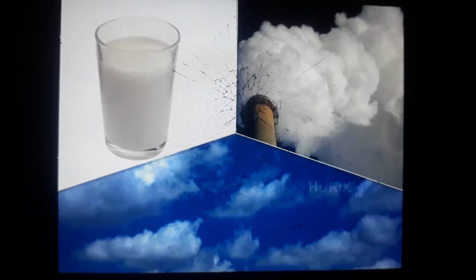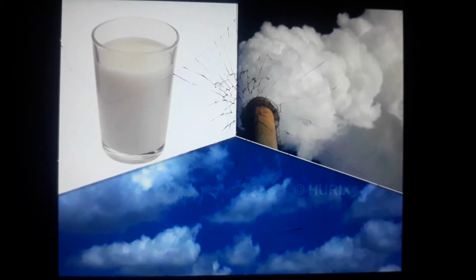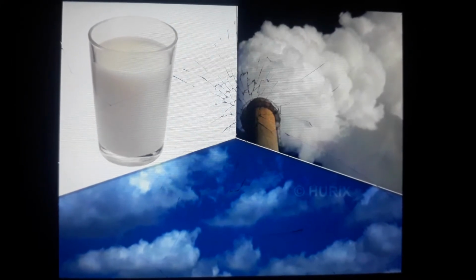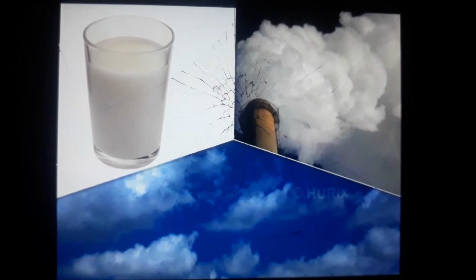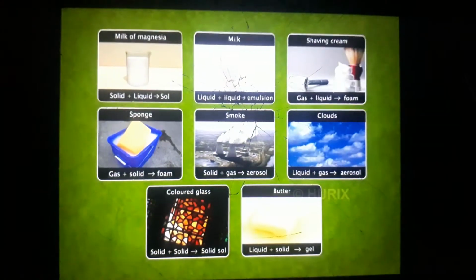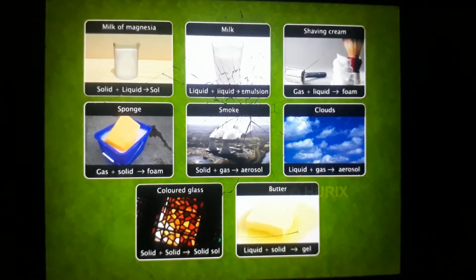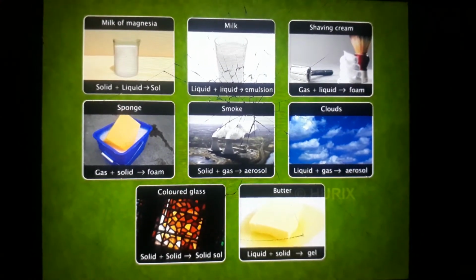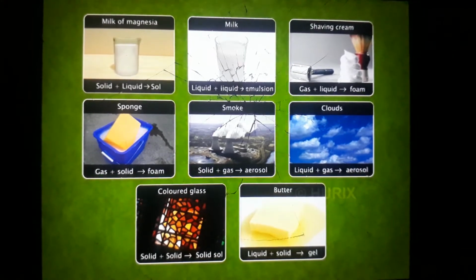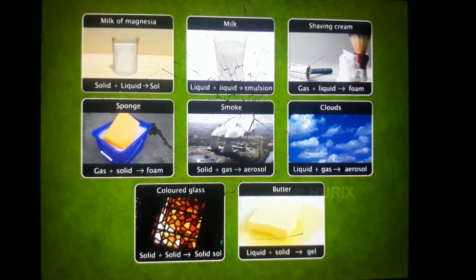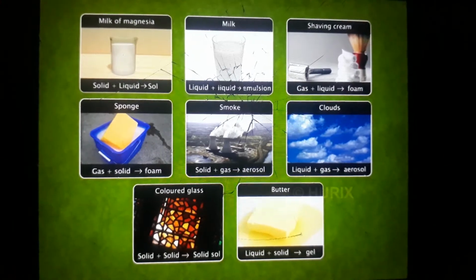Both the dispersing medium and the dispersed phase can be solid, or liquid, or gas. There are different types of colloids: sol, emulsion, solid sol, gel, foam, and aerosol.